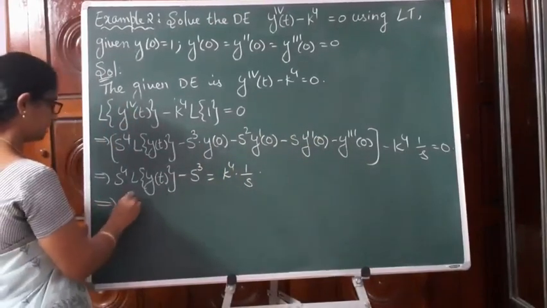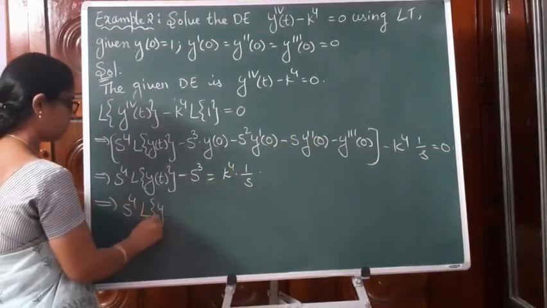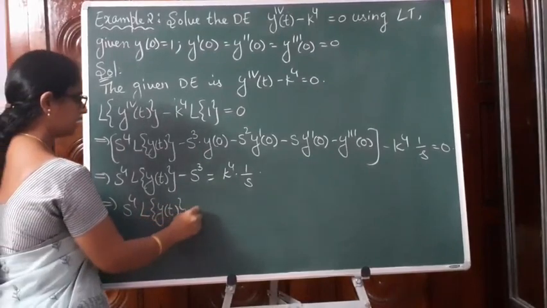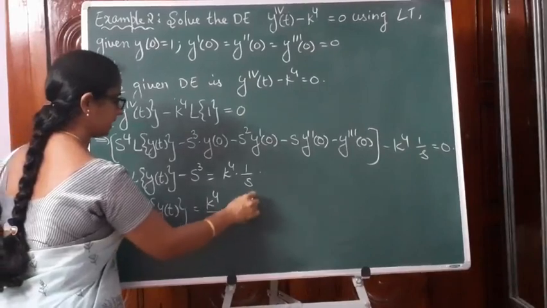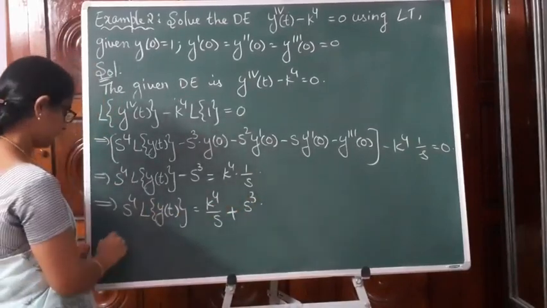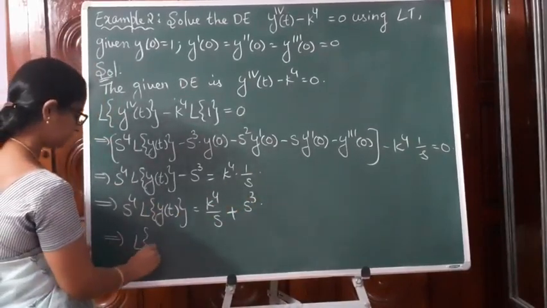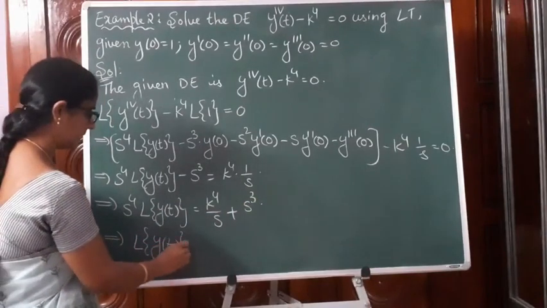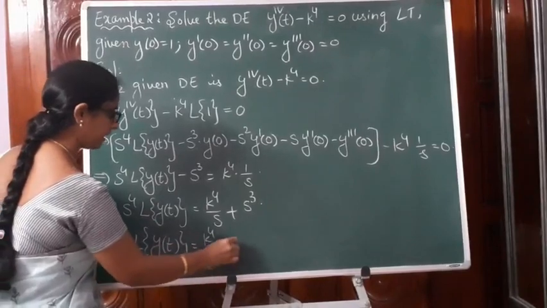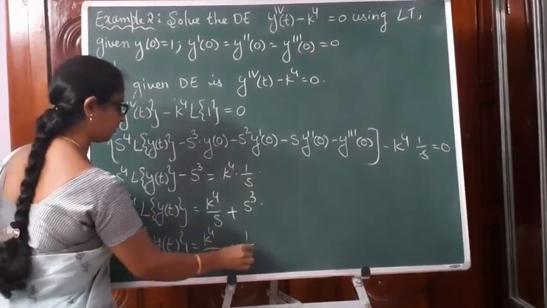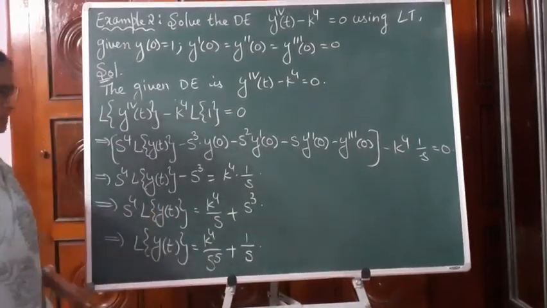From this, s⁴ into L of y(t) is equal to k⁴ by s plus s³. And what is L of y(t)? L of y(t) is equal to k⁴ by s⁵ plus s³ by s⁵, which is 1 by s.